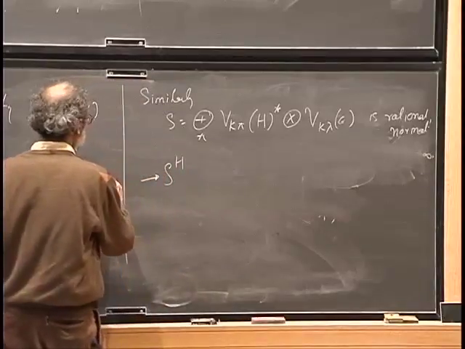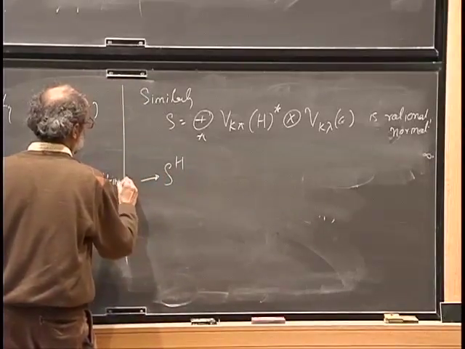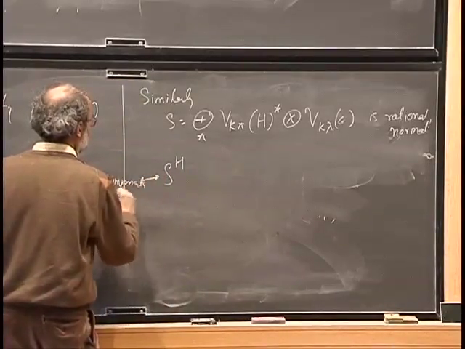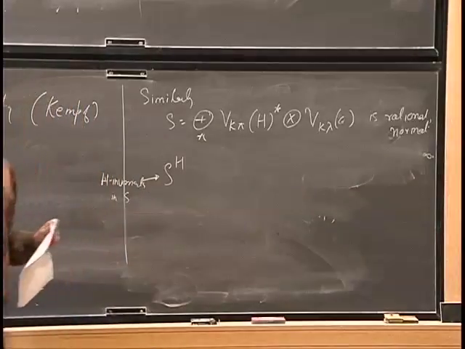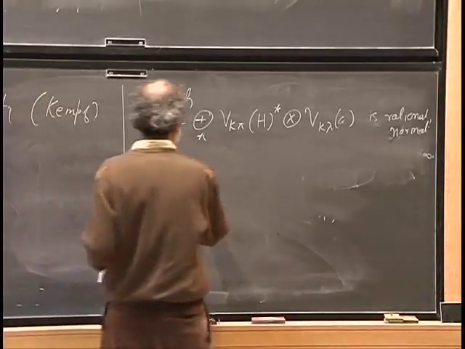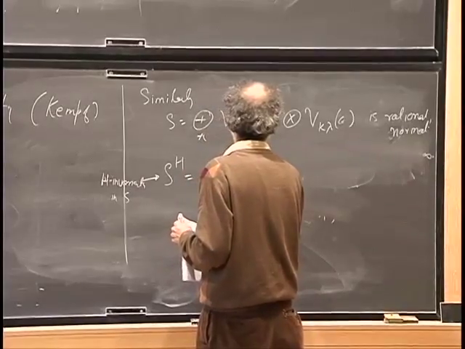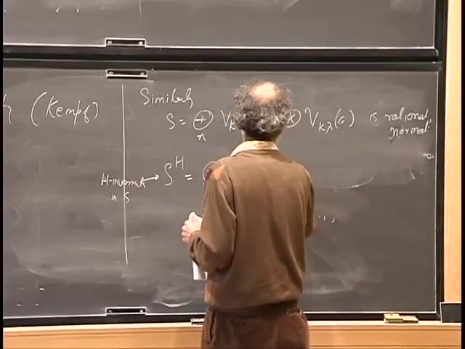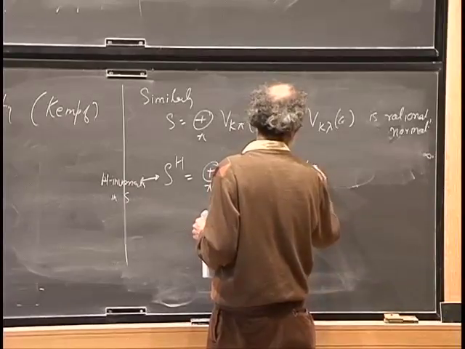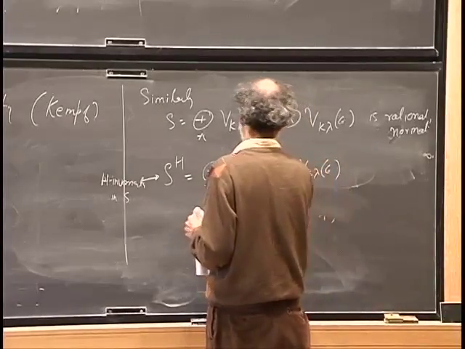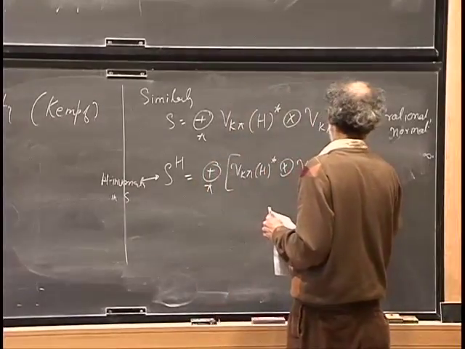So these are the H invariants in S. If you take the H invariants, it would be of the form V k pi h star tensor V k lambda g, and you take H invariants inside this.